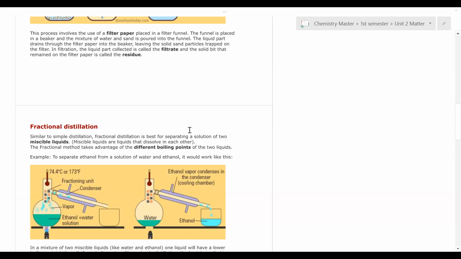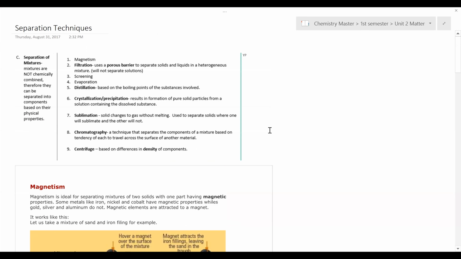Let's go back and see which ones we're missing. We're almost done. Okay. So we talked about distillation, and you can call the other one sifting or screening, whichever.